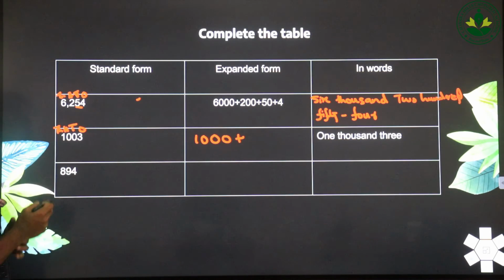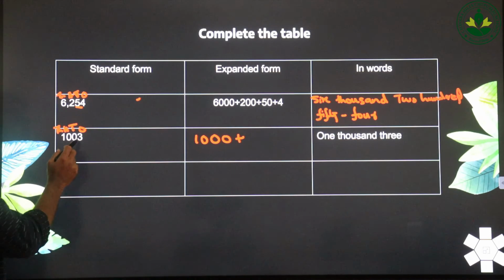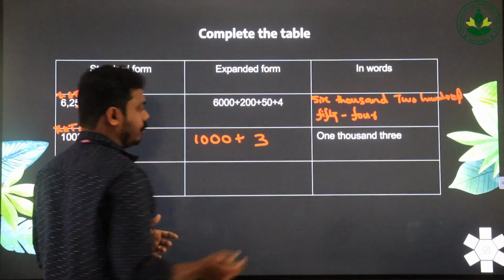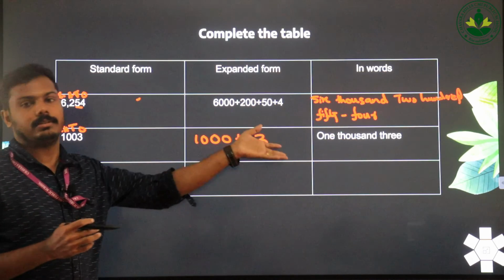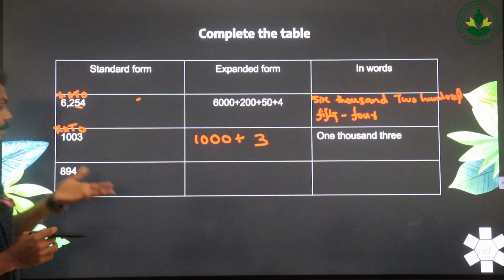Then 10's place digit 0, 0 into 10 is also 0, so no need to write. Then 3 into 1, 3 ones are 3. So the expanded form of 1003 is 1000 plus 3, and the number name is 1003.